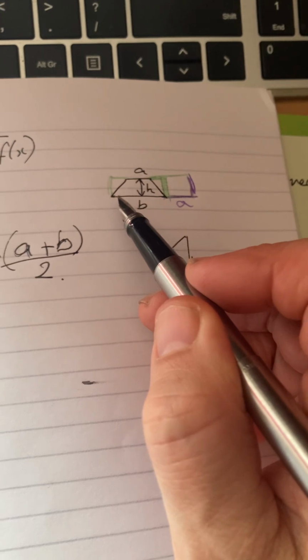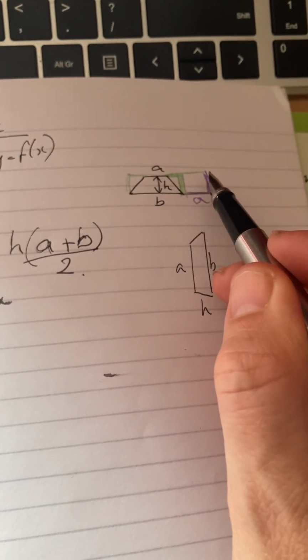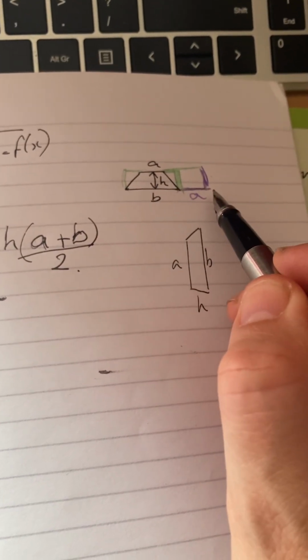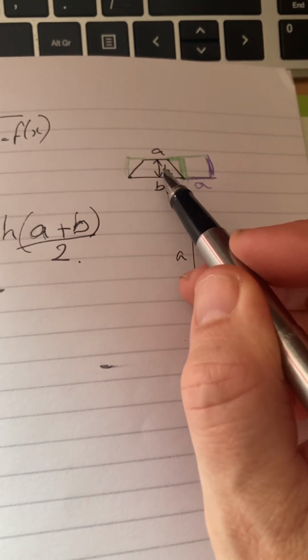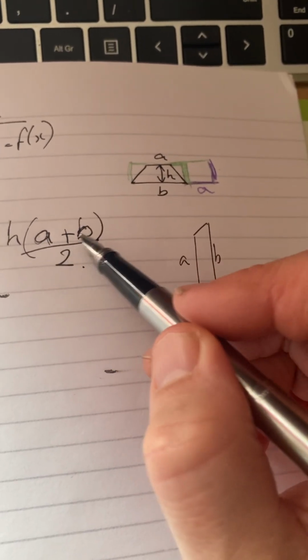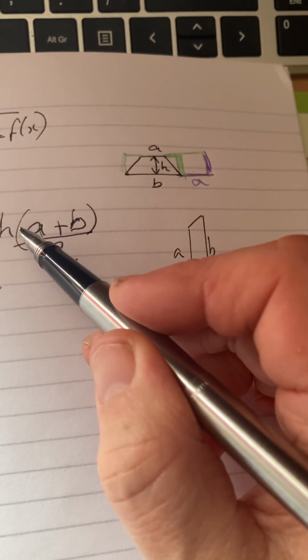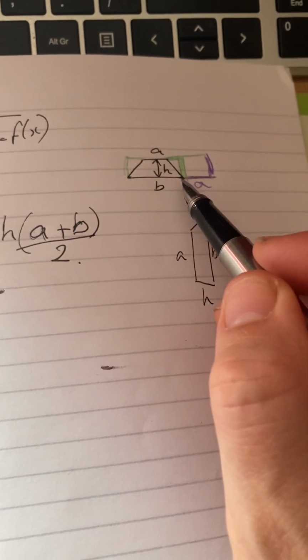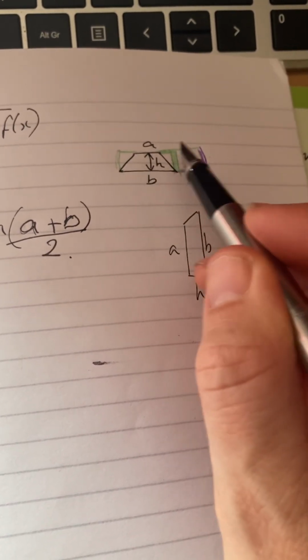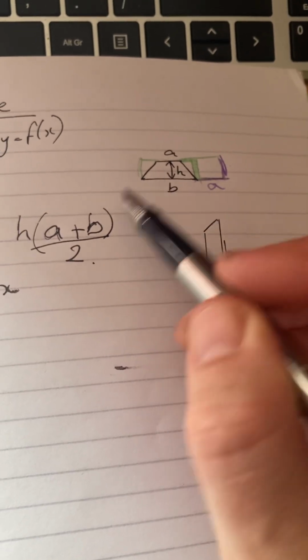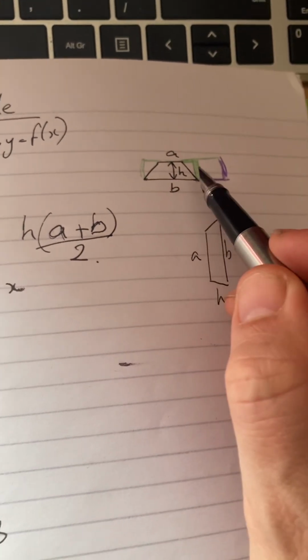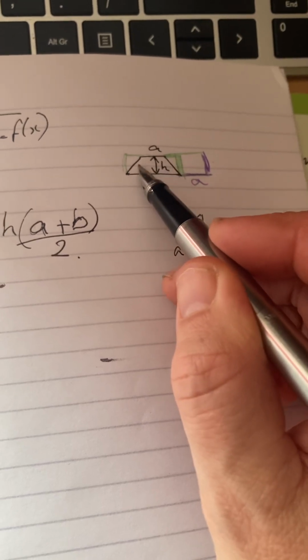So you're essentially working out the area of a rectangle, which we all know is the length times the width, or in this case the height. So we've got a plus b times the height, and then we don't want all of it, so it would just be divided by 2 to give you the area of the trapezium.